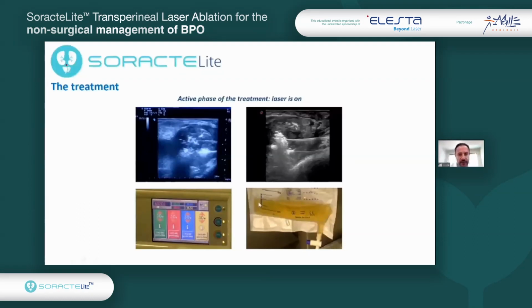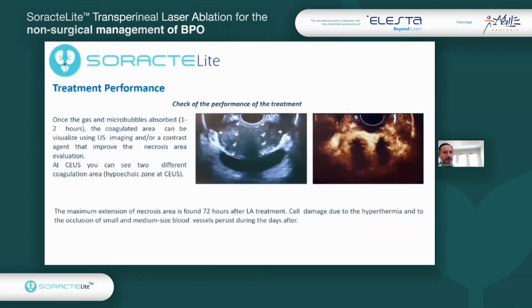And this is the color of the urine at the end of the procedure, which you can see is very clear, without any kind of hematuria. So we can check the performance during the procedure, and we can check the result a couple of hours after the procedure, especially if we use ultrasound contrast enhancement technique.